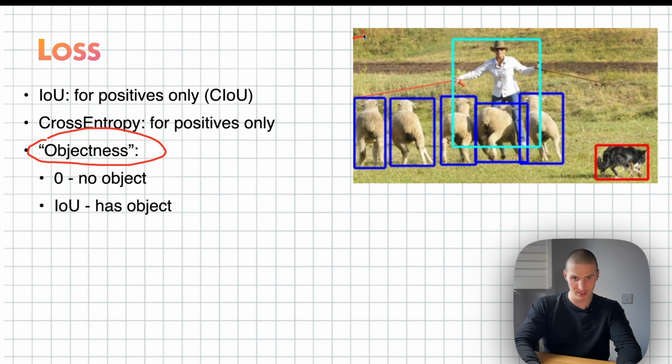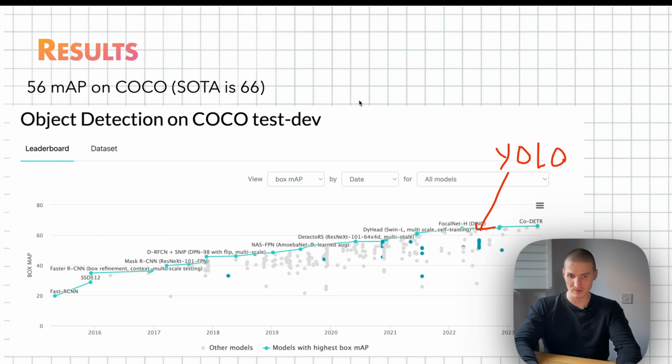And now let's look at results. This is a screenshot from the Papers with Code website, which is basically a history of all the state-of-the-art submissions for object detection on the COCO dataset.